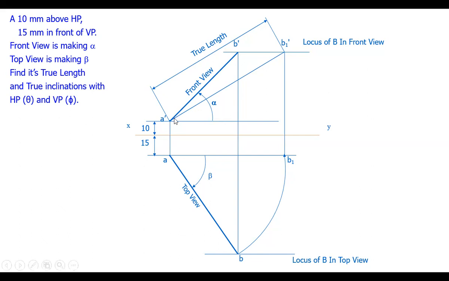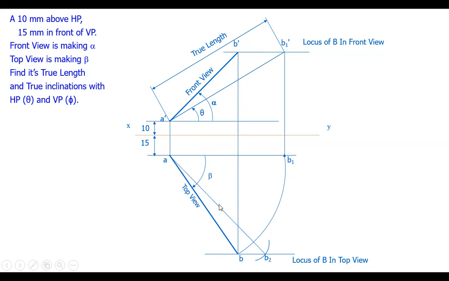So with this true length A dash B1 dash as radius and A as center, we draw an arc intersecting the locus at some point. We call it B2. This AB2 is the true length of the line. So in the top view, when do you see the true length? When it is parallel to HP and making an angle with the VP.